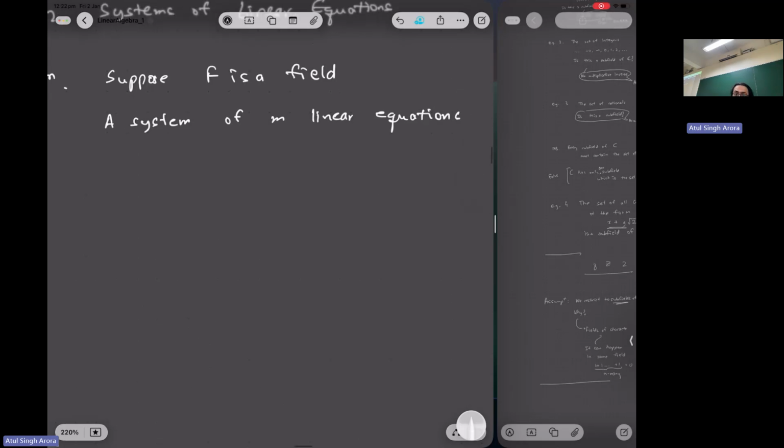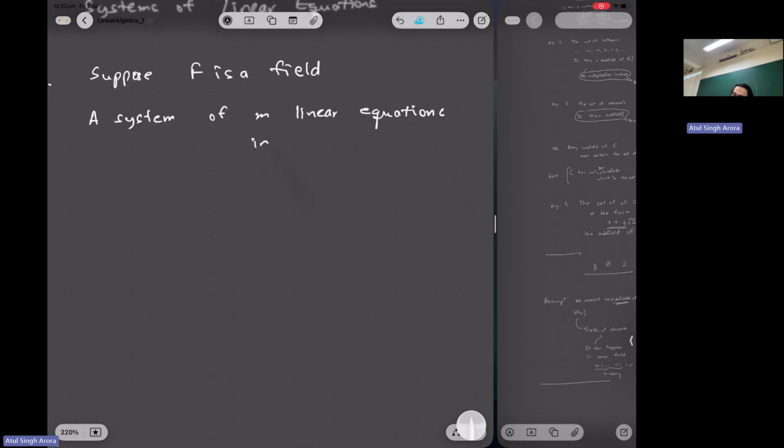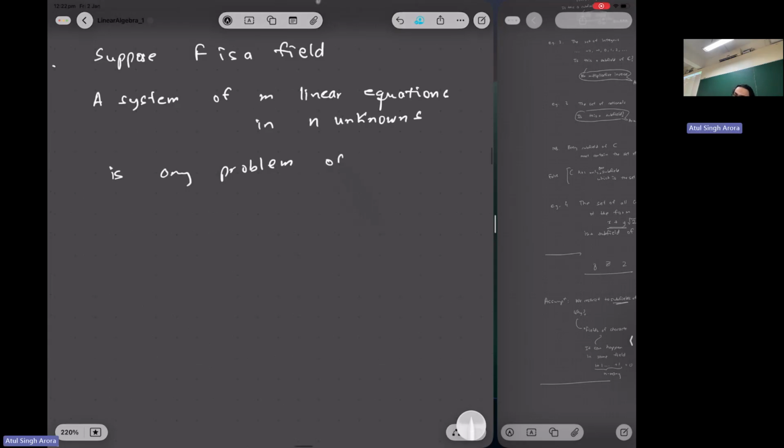Okay, so a system of m linear equations in n unknowns is any problem of the following form.